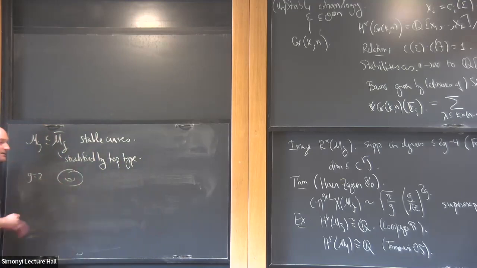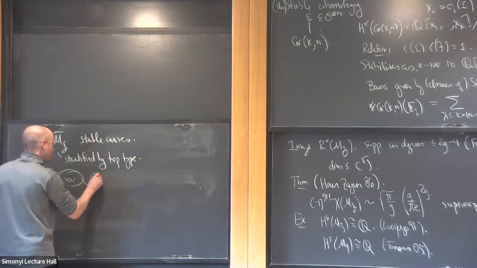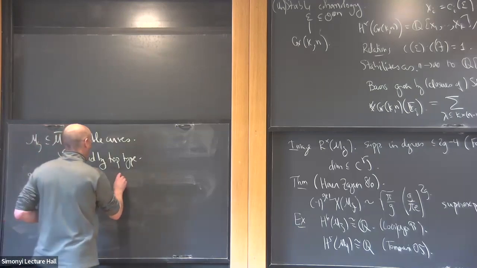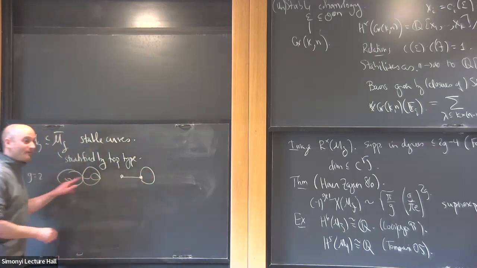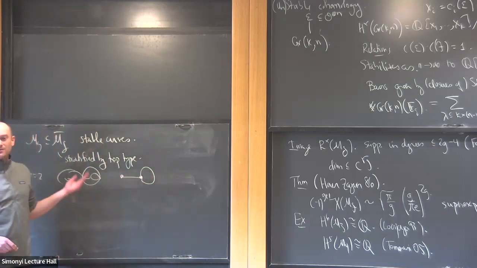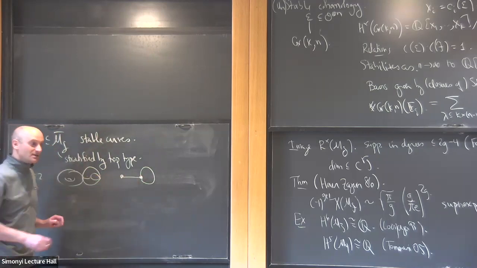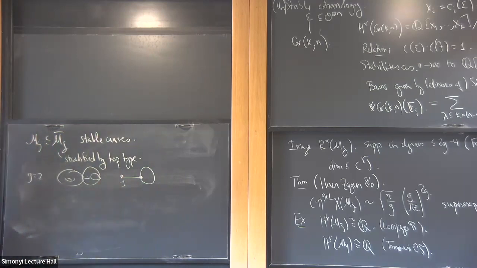You could have a genus 2 curve that degenerates to, say, a genus 1 piece and a genus 0 piece with a self node. This is one topological type of stable curve. And then you could encode this by a dual graph. You make one vertex for each irreducible component and draw an edge for each node. So self nodes give loop edges, and you should label the vertices by the genus of the components.